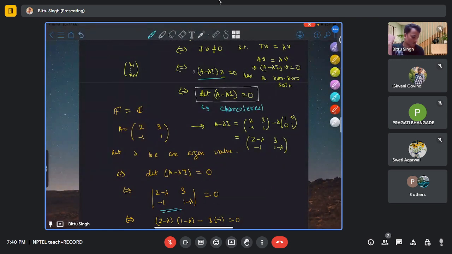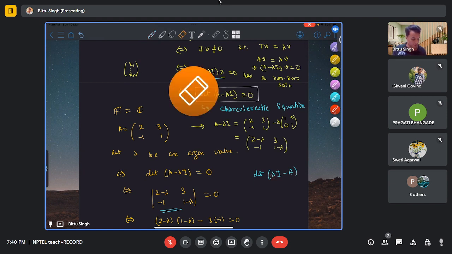This is the characteristic equation, and this polynomial, the determinant of lambda I minus A, is actually a polynomial of lambda.